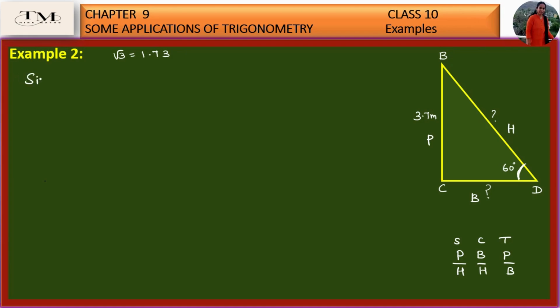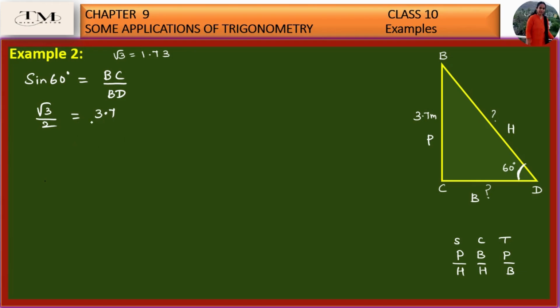So sine 60 degree equal to perpendicular. What is perpendicular? It is BC. BC by, which is the hypotenuse, it is BD. What is the value of sine 60? Sine 60 is nothing but root 3 by 2. Which is equal to, what is BC?